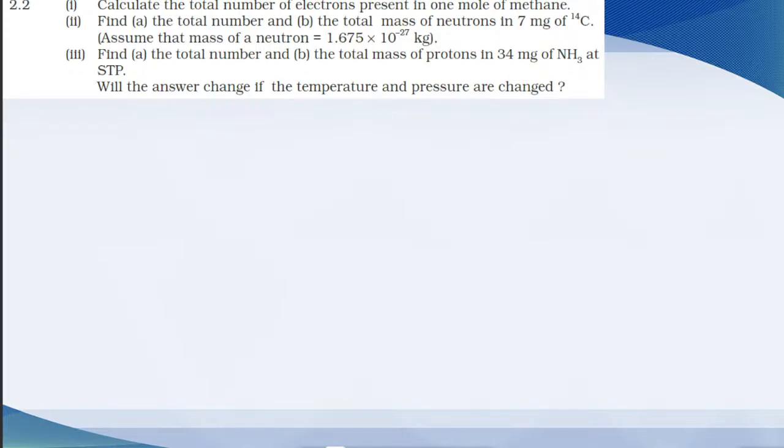So you see, 1 mole of methane, how many molecules are there?